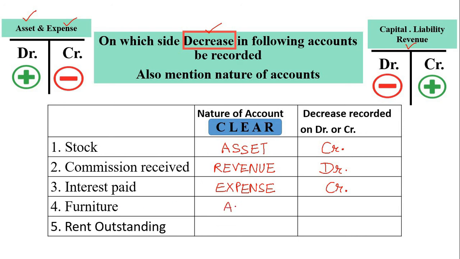Furniture is your asset, and if there is a decrease in asset, it is credited. Next is rent outstanding. Rent outstanding is your liability, and you can check the rule here. If the liability decreases, it is debited.